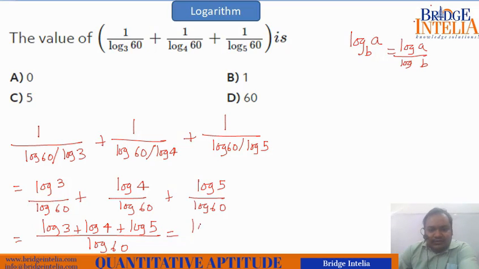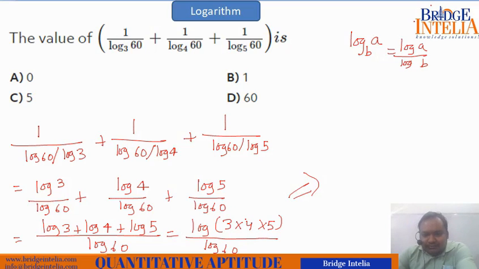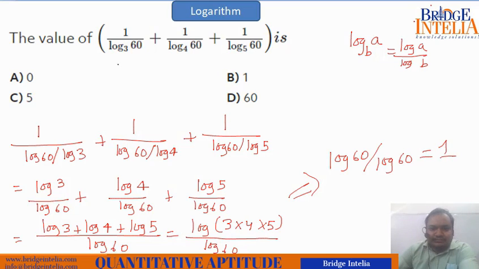So this is equal to log of, now you apply the product rule, log a plus log b plus log c can be written as log a into b into c, divided by log 60. So this comes out to be 3 into 4, 12, 12 5s are 60. So log 60 divided by log 60. Answer is 1.